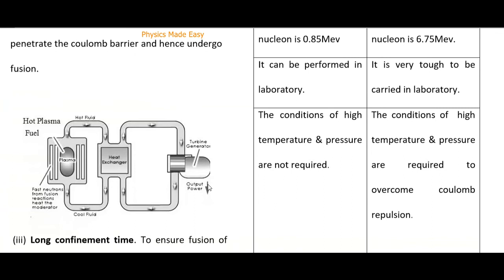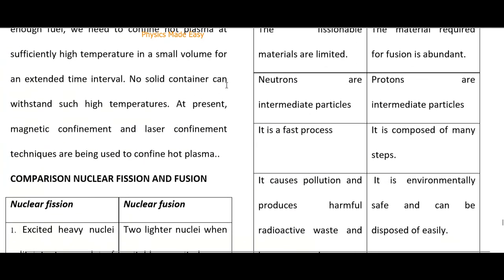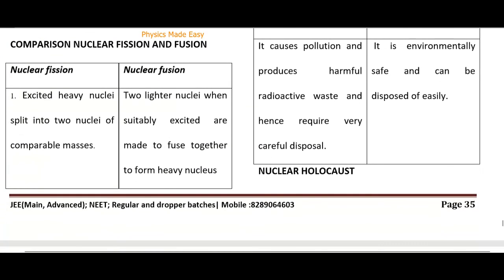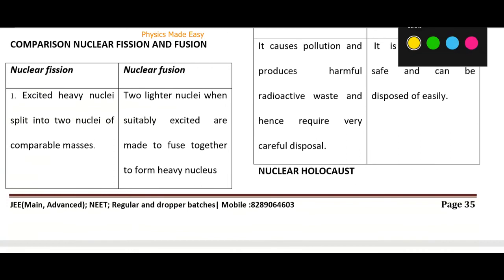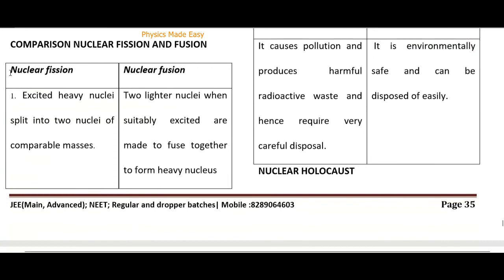And now, before finishing this lecture, I would like to discuss the comparison between nuclear fission and fusion. Nuclear fission: excited heavy nuclei split into two nuclei of comparable masses.